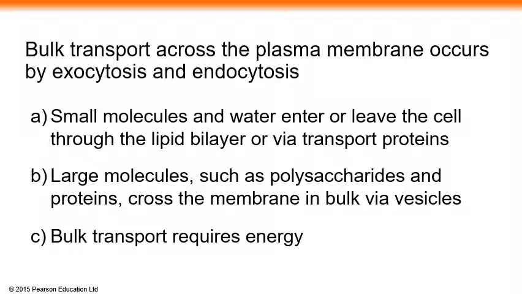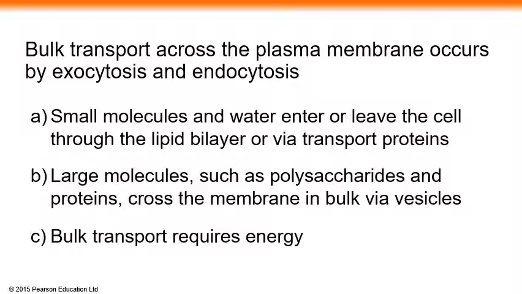Another type of transport across the membrane is exocytosis and endocytosis. Exo means to outside, and endo means to inside. So bulk transport across the plasma membrane occurs by exocytosis and endocytosis.